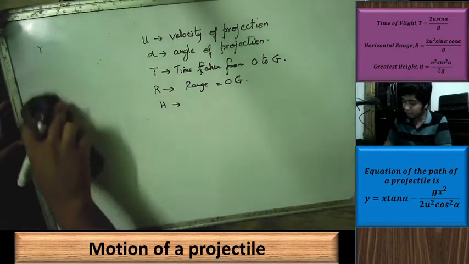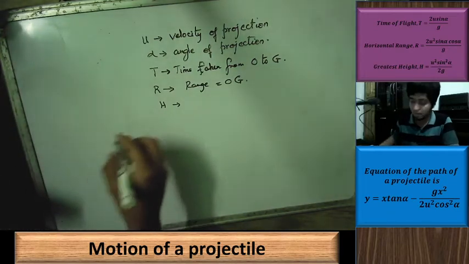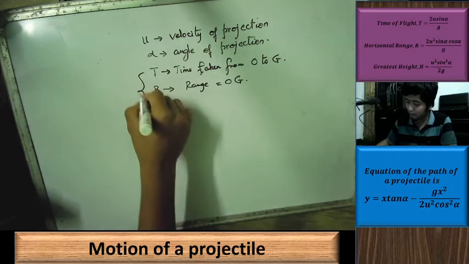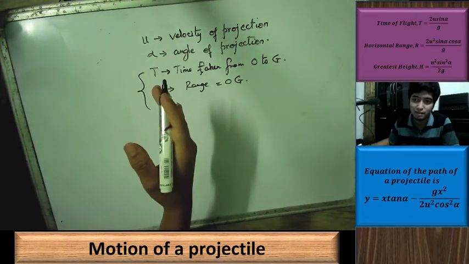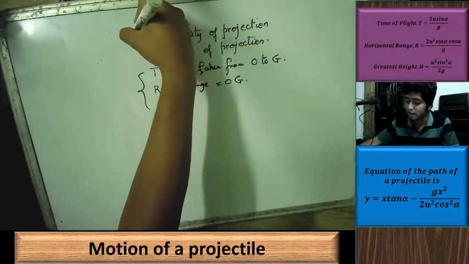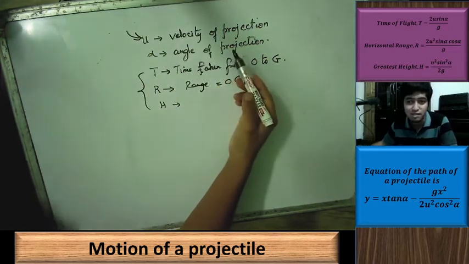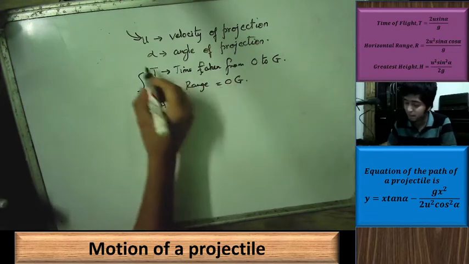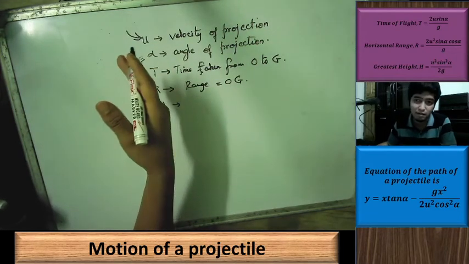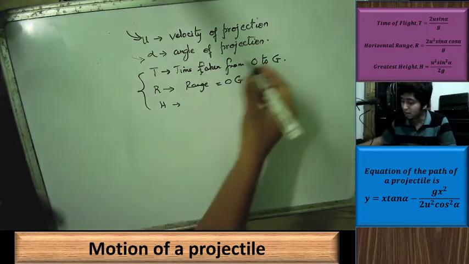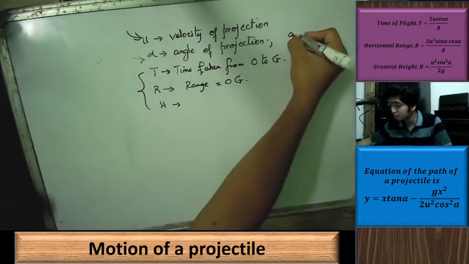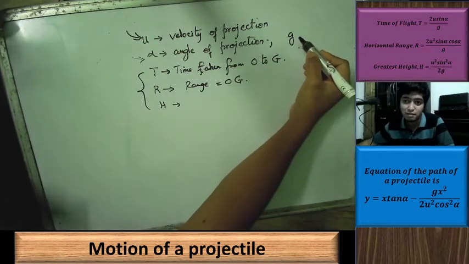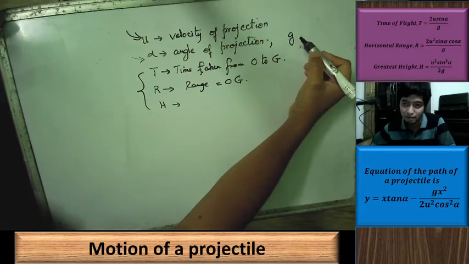One thing you have to be careful about: to find expressions for T, R, and H, we have to use the known quantities. These are the velocity of projection, which you can easily measure, and the angle of projection, which can be measured. Since we are throwing it under gravity, the motion is due to the influence of gravity only, so we also require the value of g, the acceleration due to gravity.